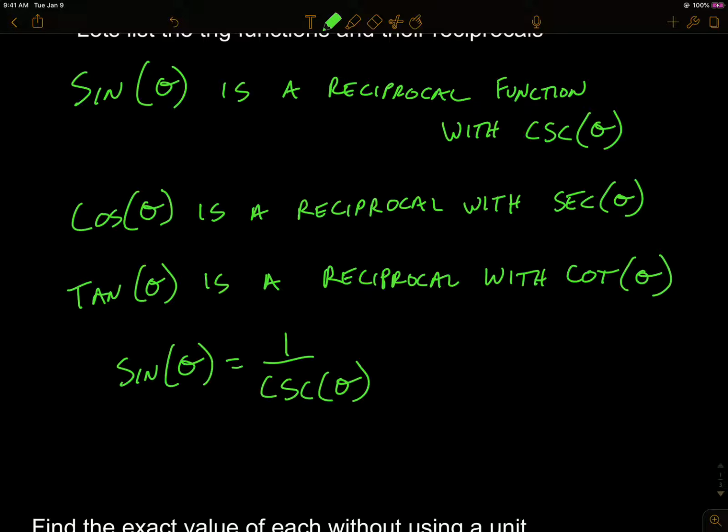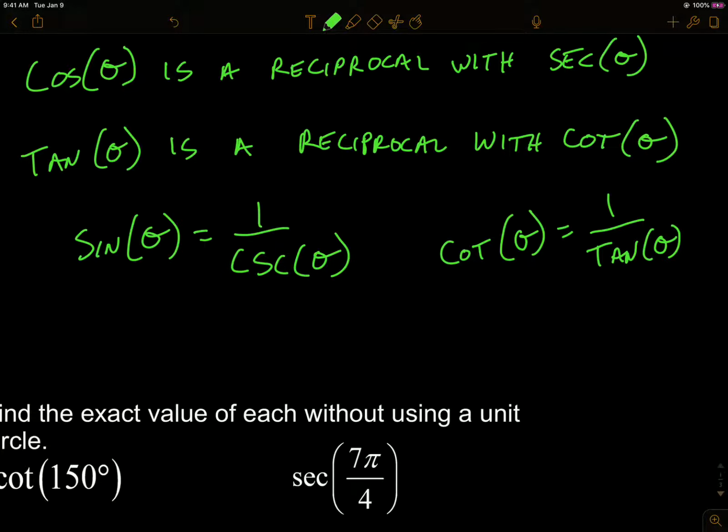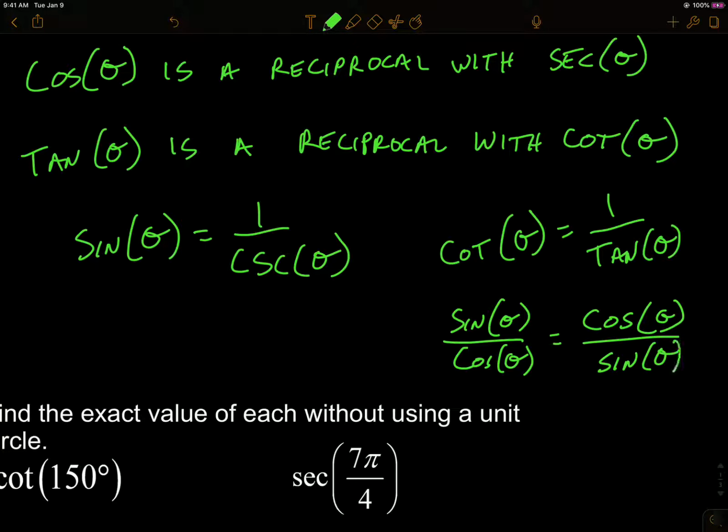Similarly, I could say that cotangent of theta is equal to 1 over tangent of theta. And because I can express tangent of theta as sine over cosine, this means a whole crazy other thing. If I know that tangent is equal to sine over cosine, then I know that cotangent is equal to cosine over sine, since they're reciprocal functions.